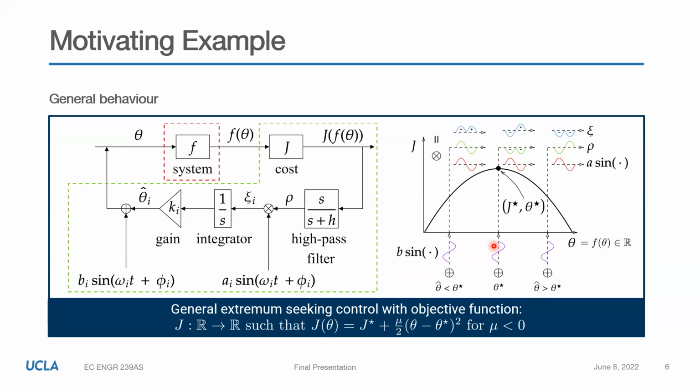Okay, interestingly, so when we have theta hat equal to theta star, this purple signal continues to perturb the system, moving theta hat away from its optimal value, with rho being mostly negative actually on both sides because J decreases on both sides of J star.